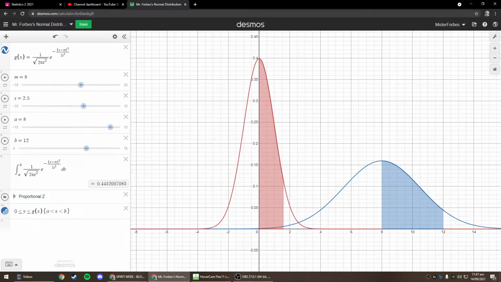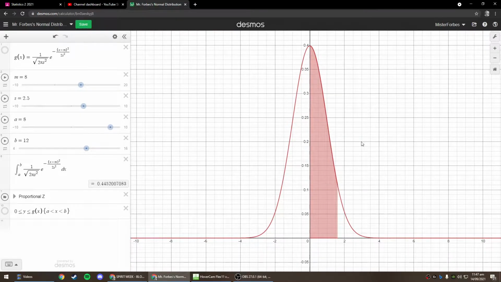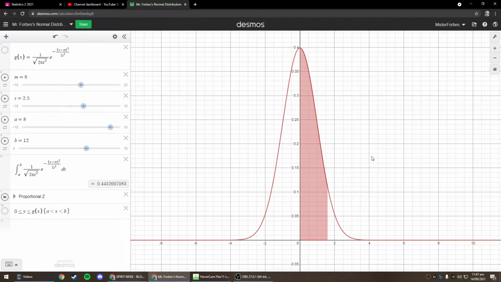At this stage, we can drop the blue graph. We can get rid of this entirely and just focus on our standardized z value. At this point, all we're doing is looking at our z distribution, and what we're trying to work out is what the highlighted area is equal to.